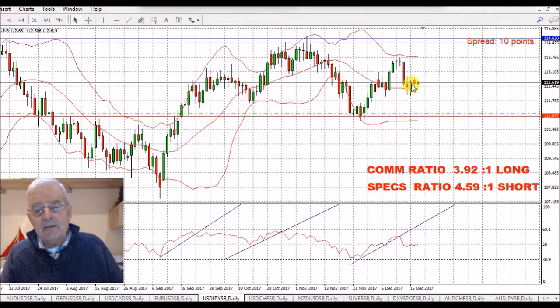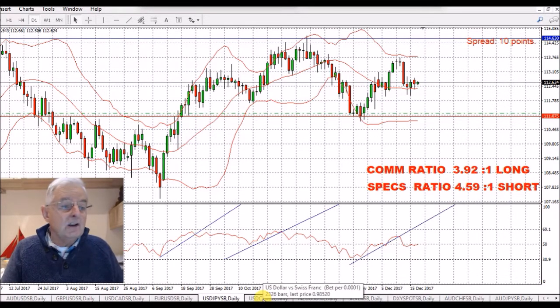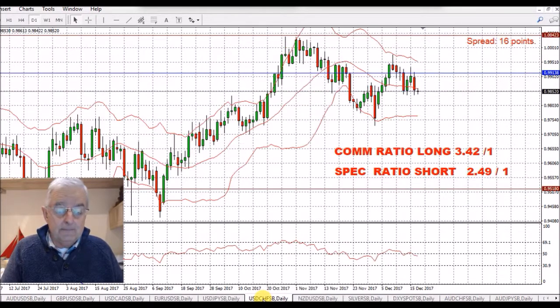I'm expecting further strength in the yen and for this to move further down. I prefer both the US dollar and the Japanese yen on the crosses. So that's basically where I've got most of my trades, and we'll see how that goes, but I am expecting more strength on the yen.